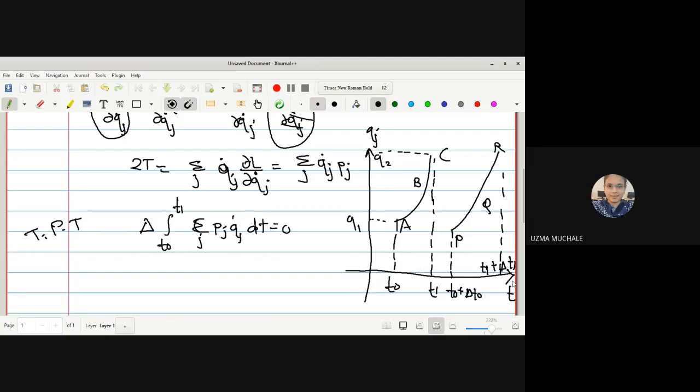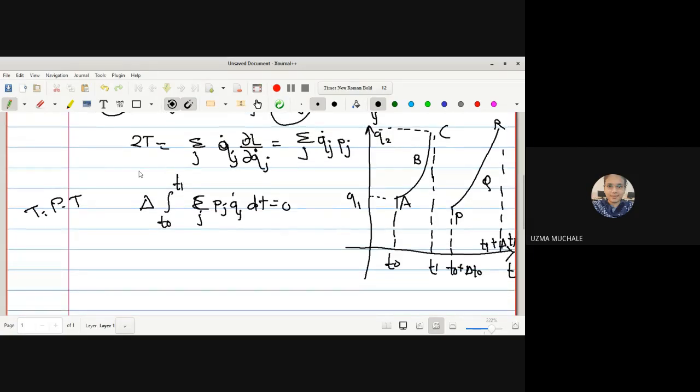For the endpoint it is T1, hence we have added delta T1. Simply, whatever figure I have drawn, I have given the example also: from hostel to department or class you have to come, then you can come directly, or you can go to the canteen, or somewhere else, or you can go to the library and then come back to the department.